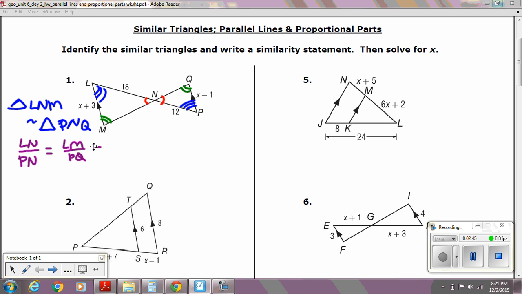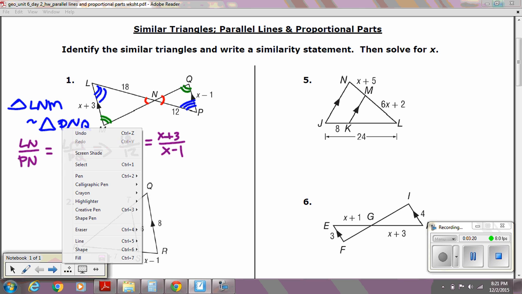Knowing that, I can substitute the respective values. So LN is 18, PN is 12, LM is x plus 3, and PQ is x minus 1.